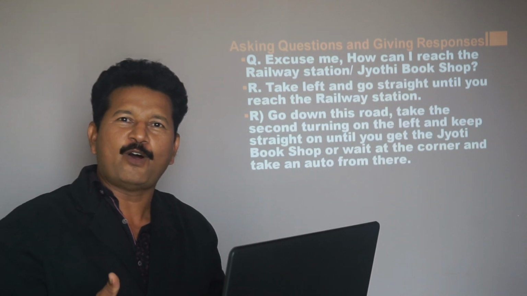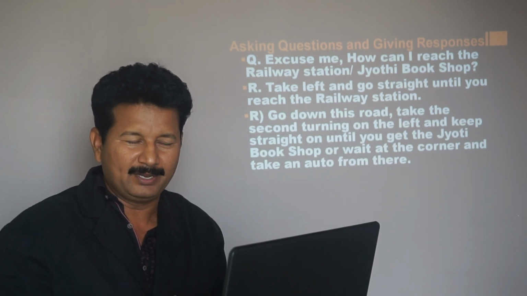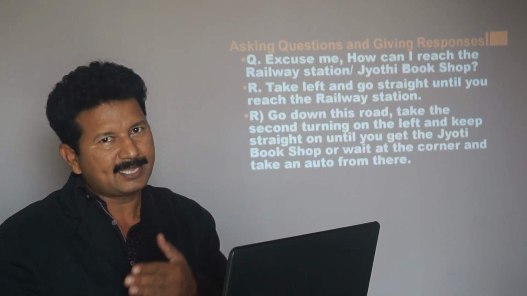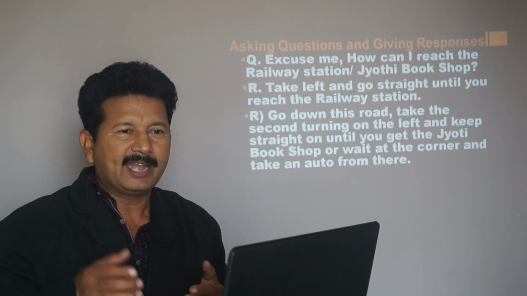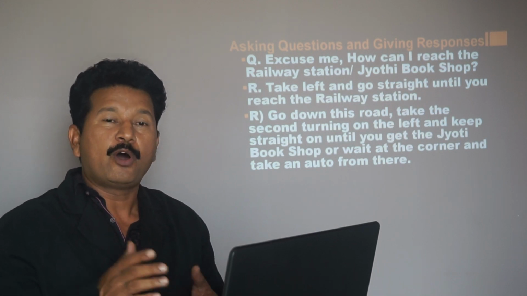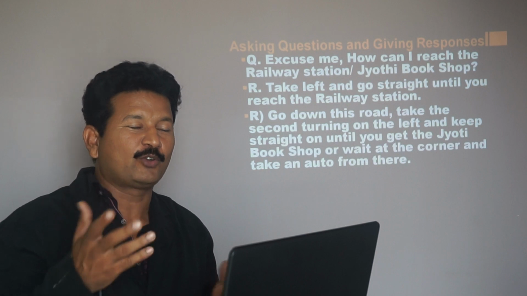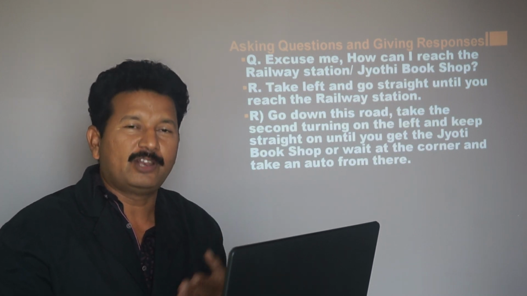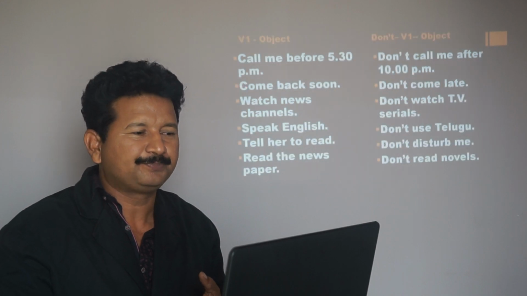And now we will see if you want to reach the Jyoti bookshop, right? And the second one is go down this road, take the second turning on the left and keep straight on until you get to Jyoti bookshop, or wait at the corner and take an auto from there. So this is how we give directions by using imperatives.